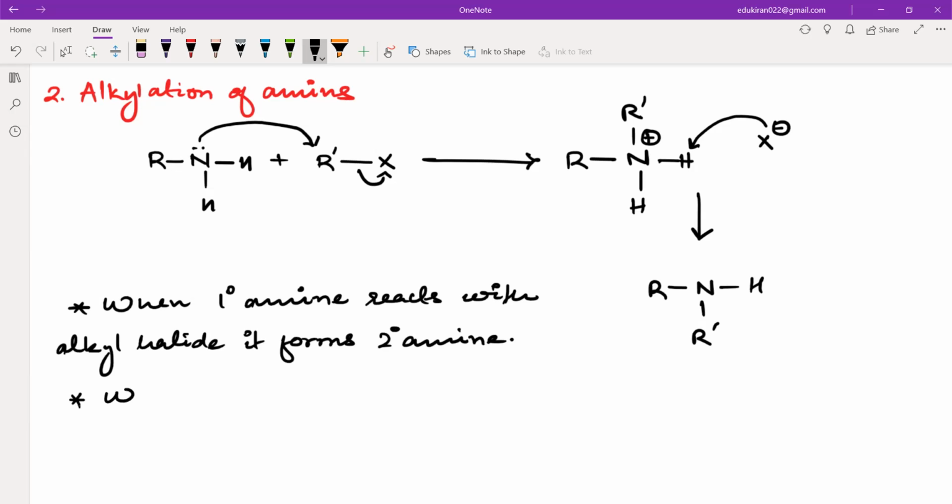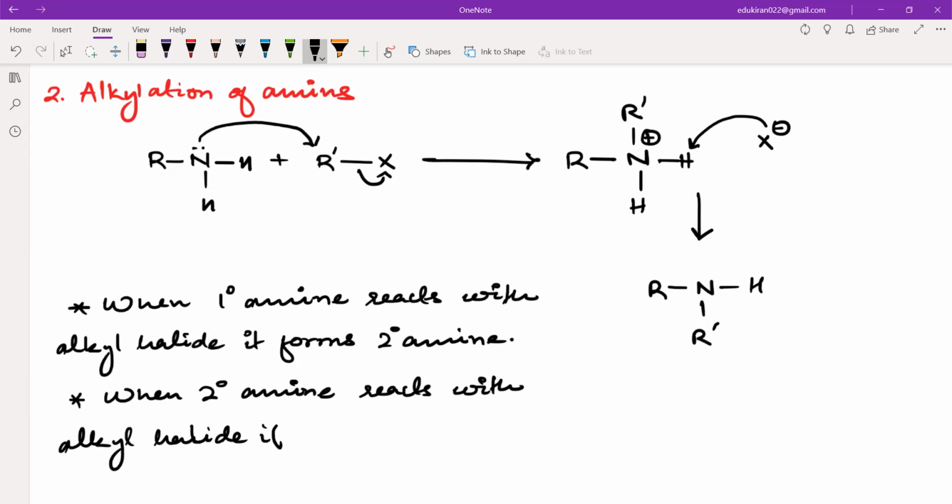Similarly, when 2 degree amine reacts with alkyl halide, it forms 3 degree amine.